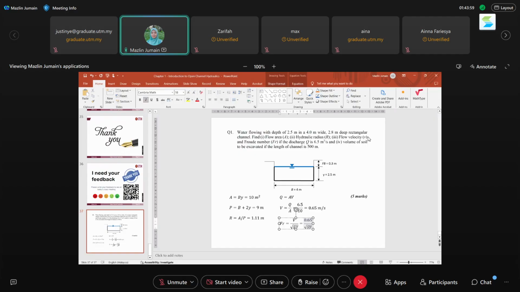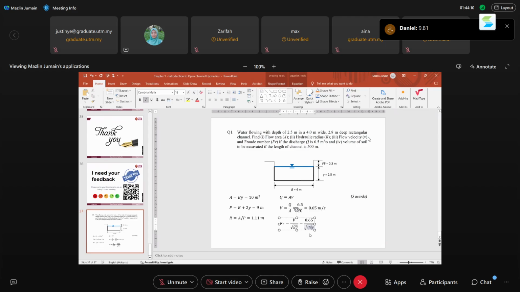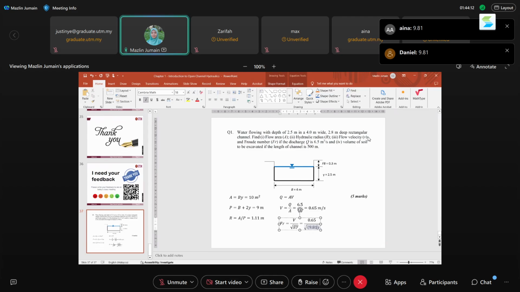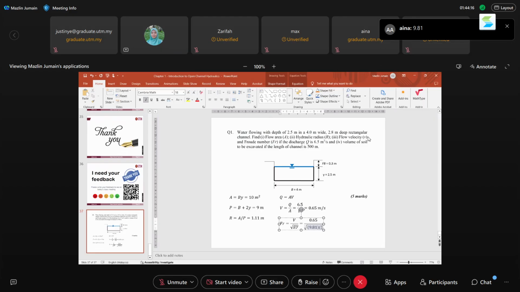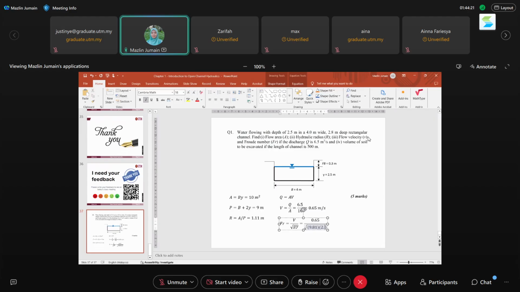And then G, what is the value for G? The gravitational acceleration. 9.81. Okay, correct. And then the value for Y, 2.5.